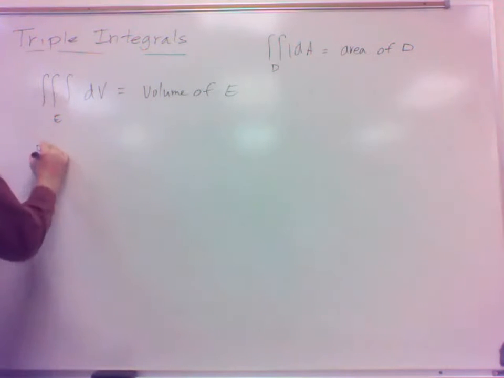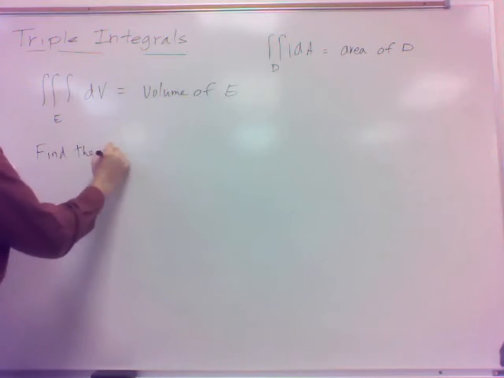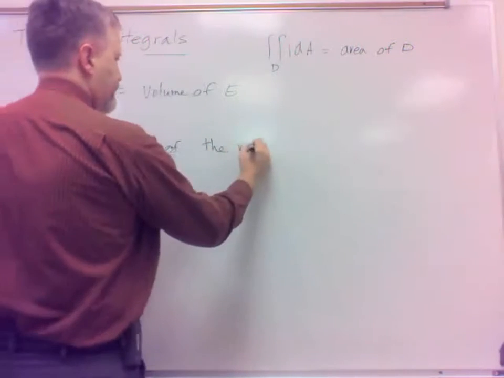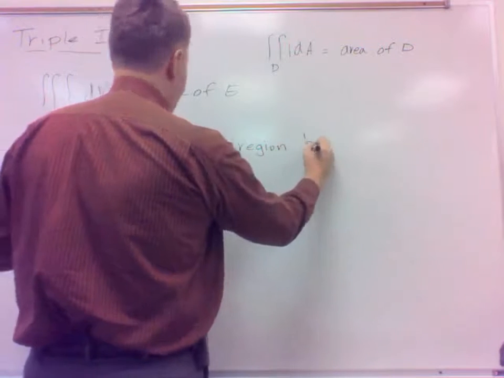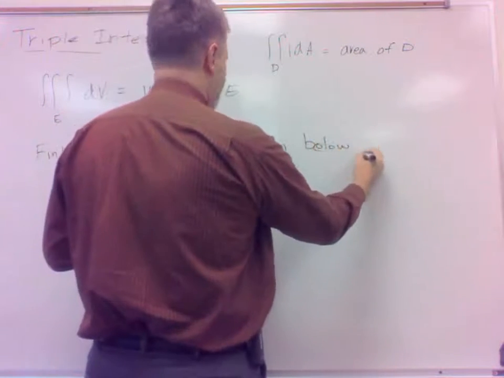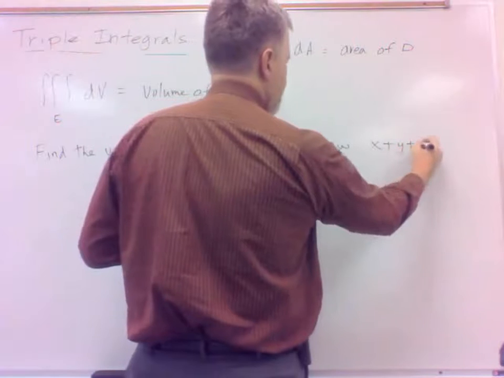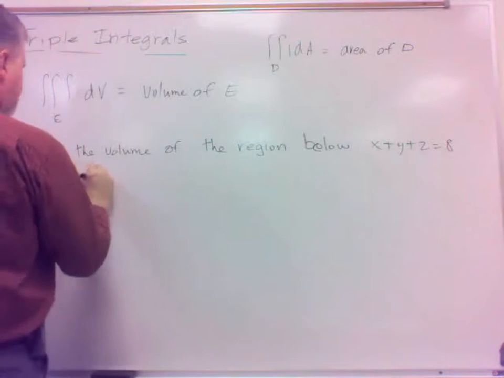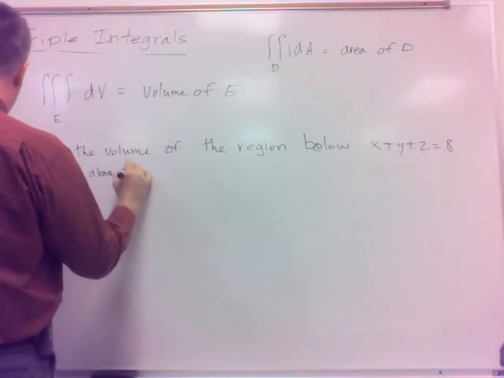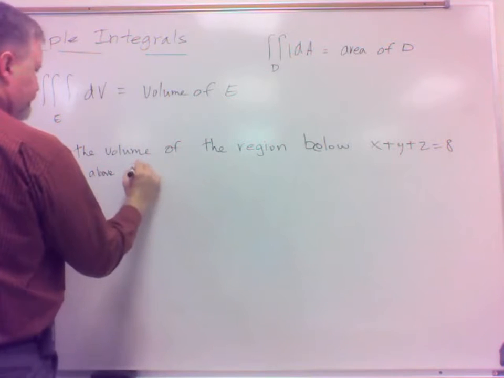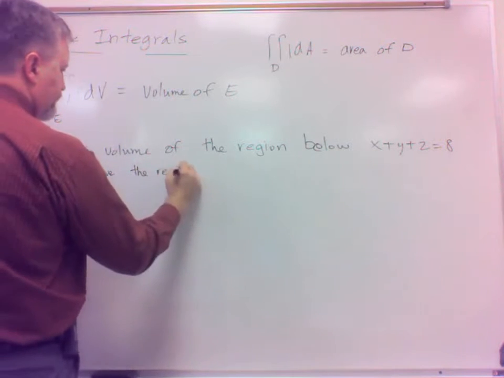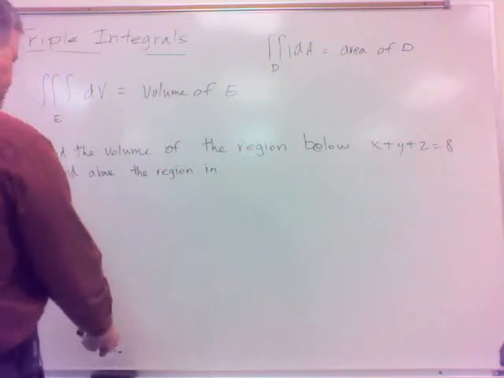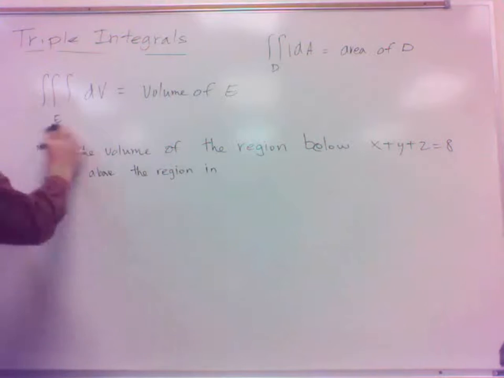All right, so let's find the volume of the region below x plus y plus z equals 8, and above the region... I think I should have raised this up. Let me start this over.